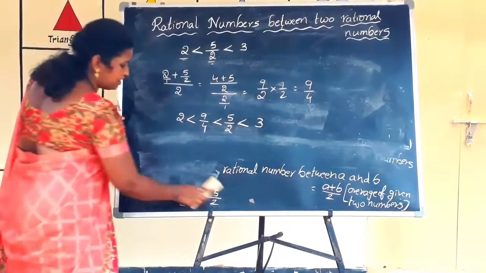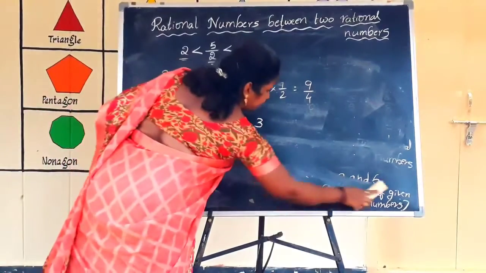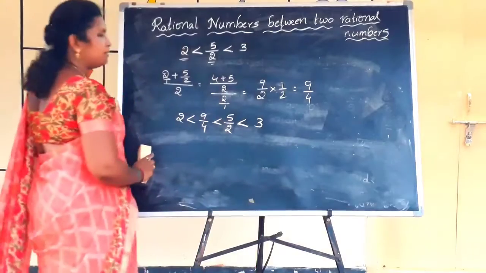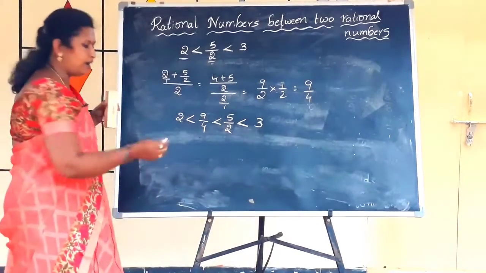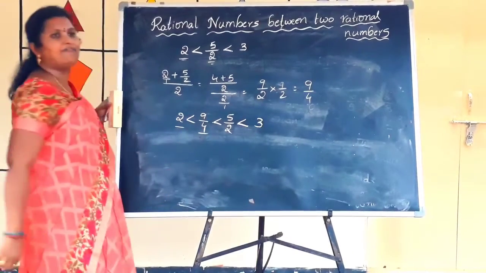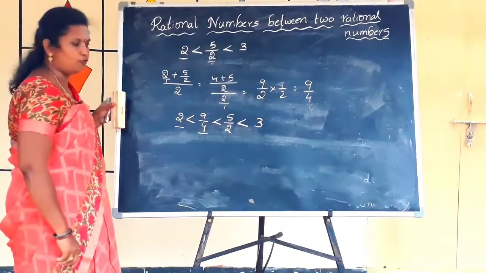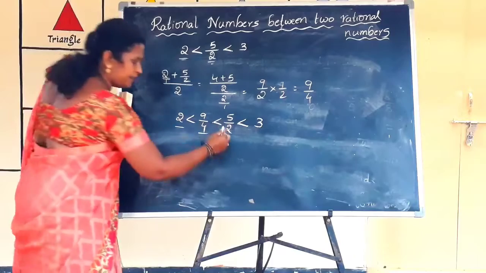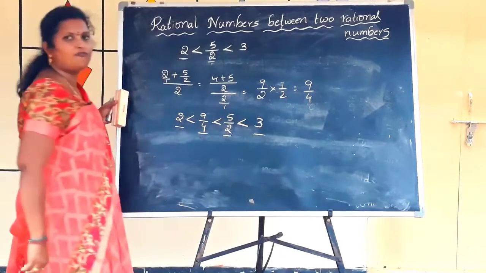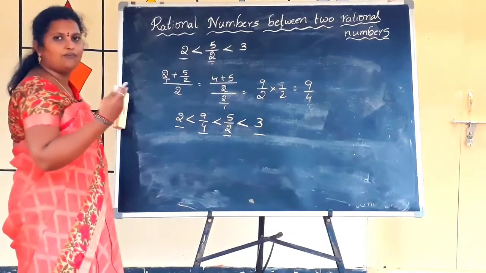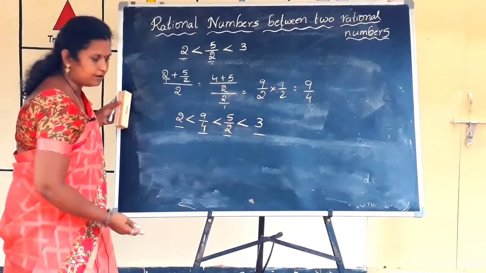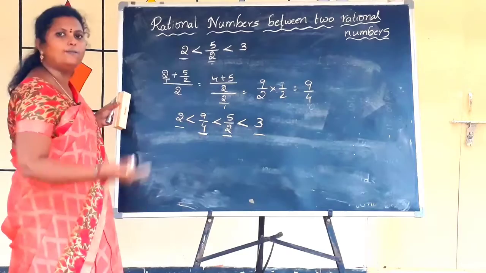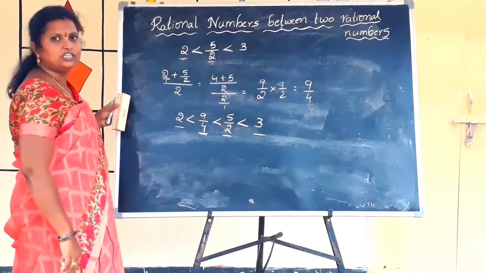Is there another rational number in between these 2 and 3? Yes, there is another rational number also in between 2 and 3. How to find out? By taking the average of 2 and 9 by 4, we can find another rational number. In the same way, by taking the average of 5 by 2 and 3, we can find another, and by taking the average of 9 by 4 and 5 by 2 also, we can find another.